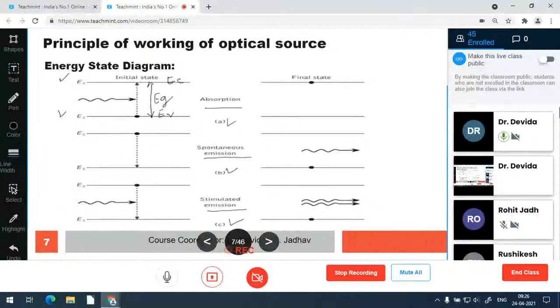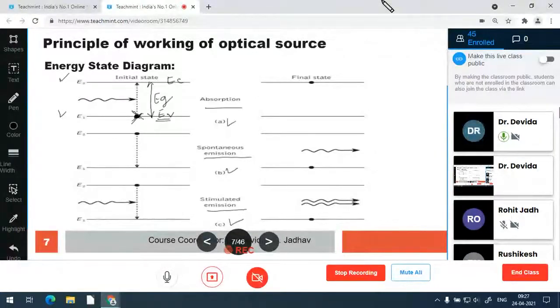So suppose this black dot shown here is an electron. I am showing it with a cross also so that it becomes more visible. The electron is now in the valence state.